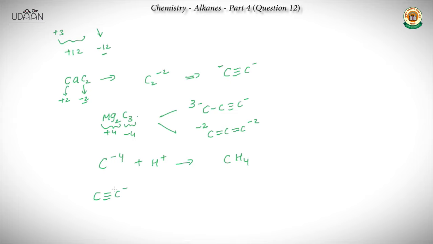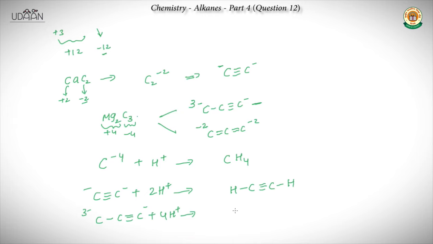For this, it will need 2 H plus ions, and you'll get basically acetylene. Now if you take this structure, it needs 4 H plus ions.